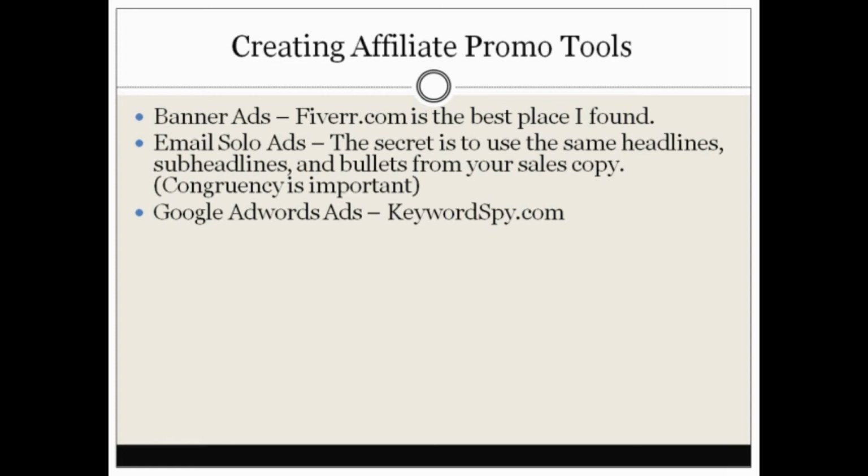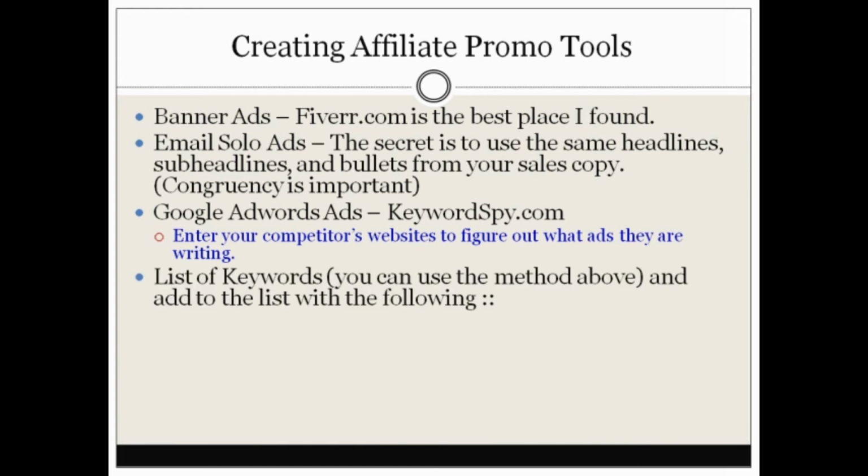If you simply find your competitors, enter their domain name into keywordspy.com or keywords that relate to your product, you're going to see what your competitors are creating in terms of pay-per-click ads. Don't necessarily copy them, but use similar keywords. You can rewrite the ad and create some ads so that your affiliates have something in hand. So just go to keywordspy.com, enter your competitors' websites, and figure out the ads they're writing.